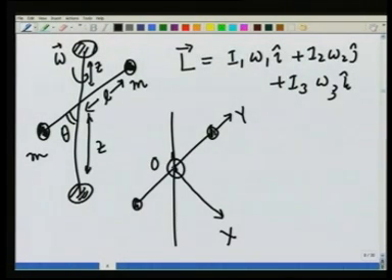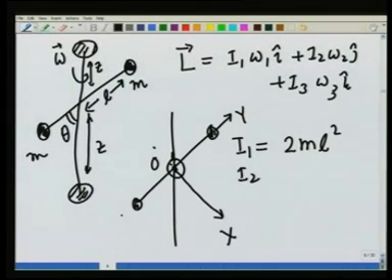You can see these are the principal axes, and we calculated last time I1 to be equal to 2 m L square, that is the moment of inertia about the x axis. I2, the moment of inertia about the y axis, is coming out to be 0, and I3, the moment of inertia about the z axis, will come out to be again 2 m L square.